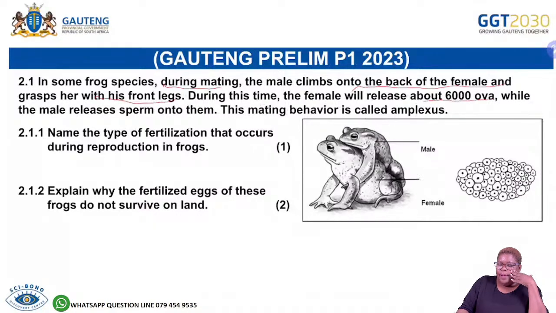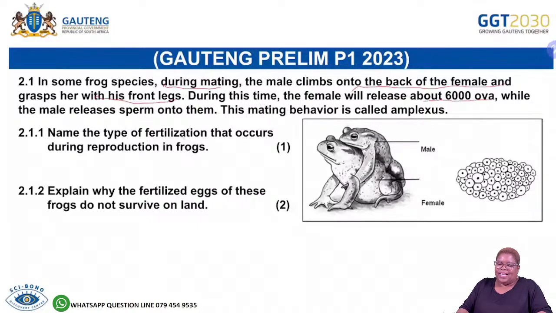Right. Also, my colleague mentioned the mating behaviors where courtship takes place, where different animals behave or attract the opposite sex for the mating to take place. So this mating is called amplexus.